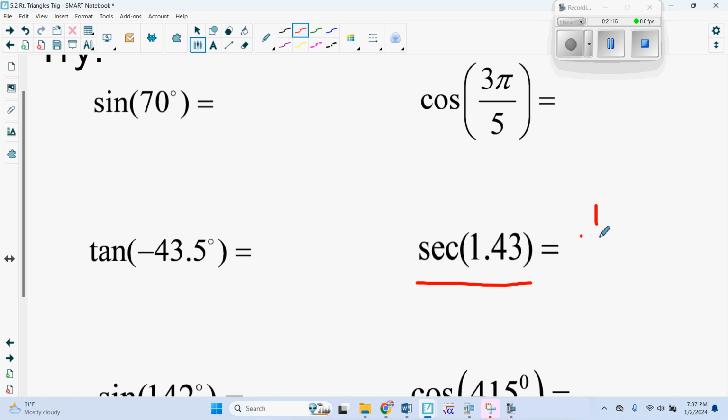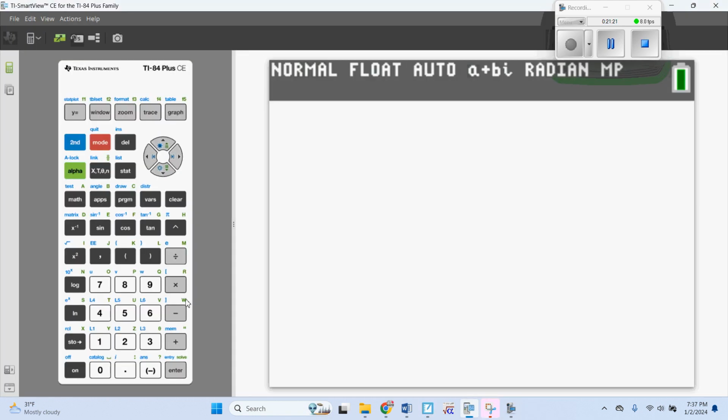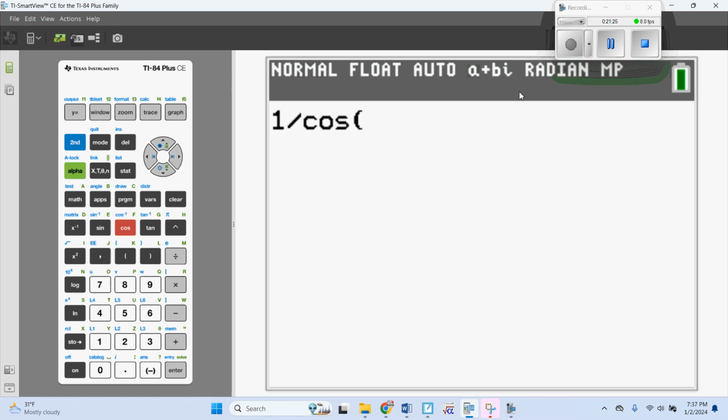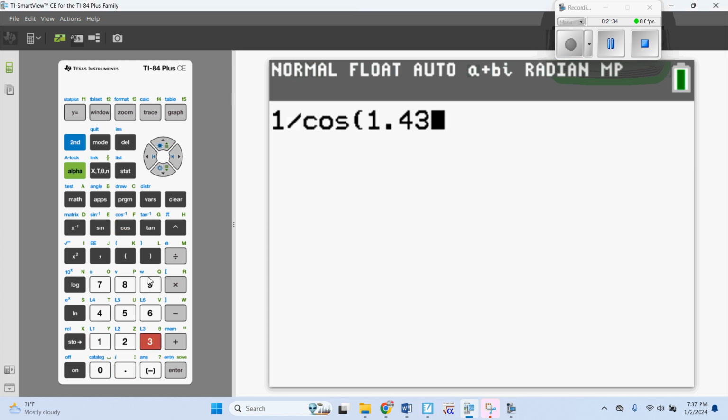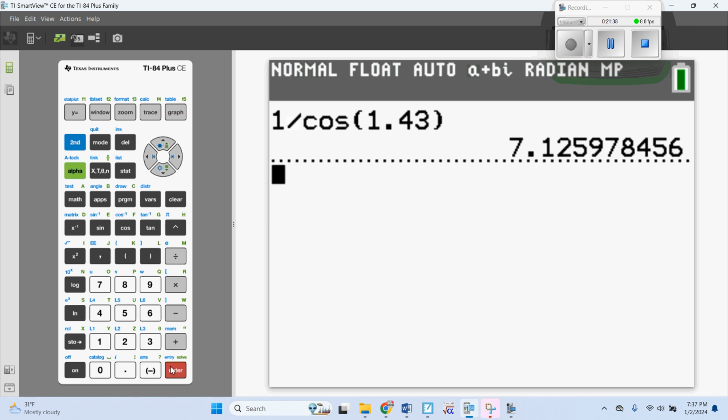What we have to do is think of this as 1 over cosine. And if we wanted to evaluate this on the calculator, we'd have to do 1 divided by cosine of 1.43. There is no secant, cosecant, or cotangent built into your calculator.